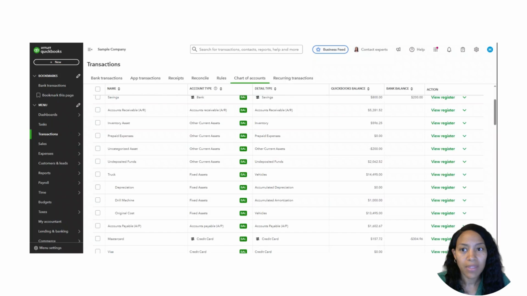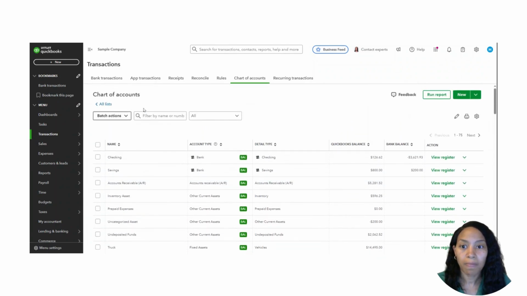Okay, so I have the sample company on the screen, and this sample company is what QuickBooks allows us to go into to test different features within its software. What I like to do first in evaluating if a client needs a cleanup or not is that I start with the chart of accounts.